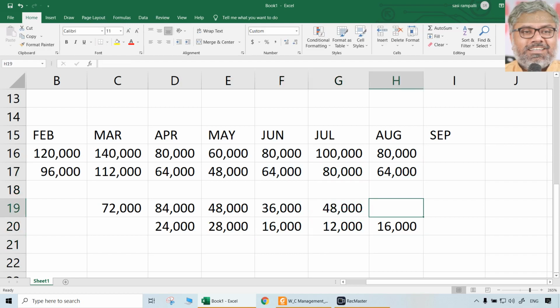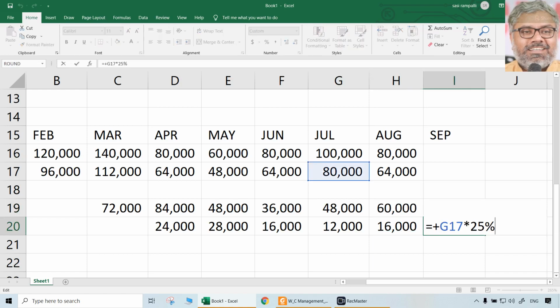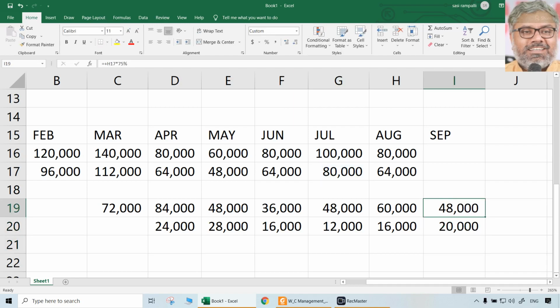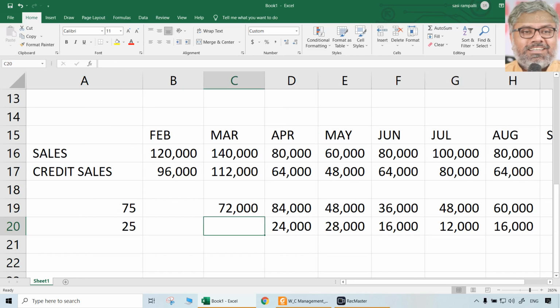July credit sales, 75% are collected in August and 25% are collected in September. August credit sales, 75% are collected in September, 25% will be collected in October, which we don't need. So we can stop here. Up to September, these are the things that will be collected.